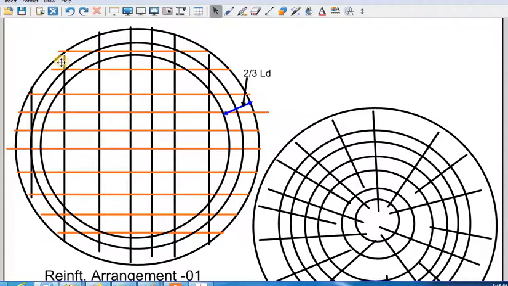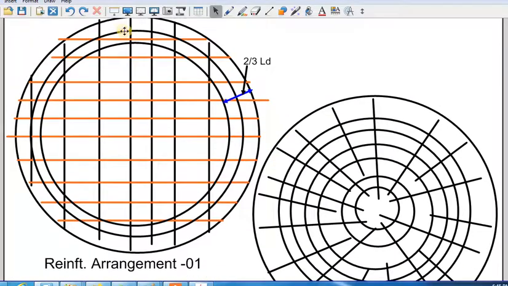Also, at the support there is a chance of slip because of the circumferential stresses. So for that we need to provide rings for a distance of 2/3 Ld, which we also need to find out.